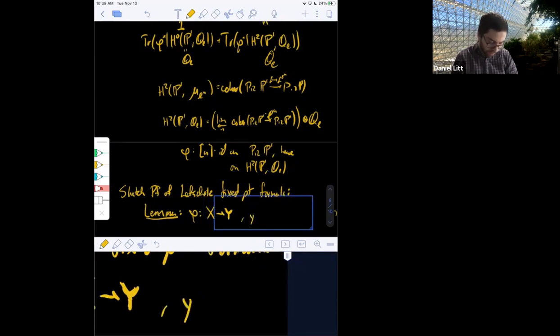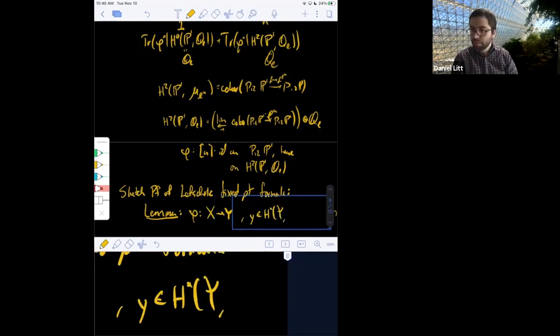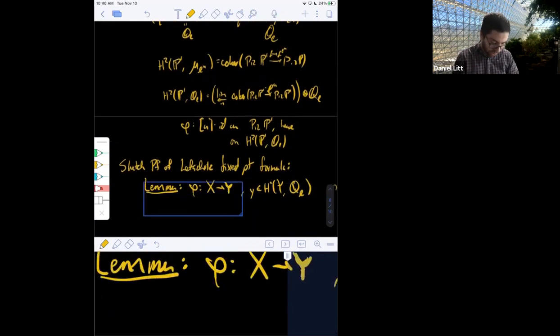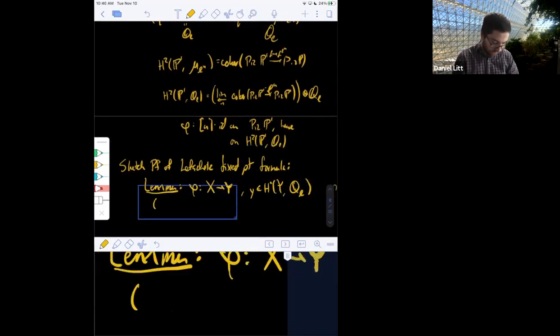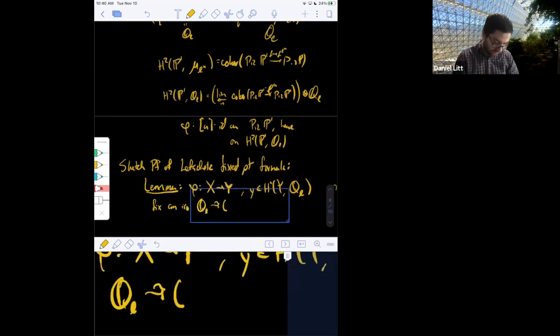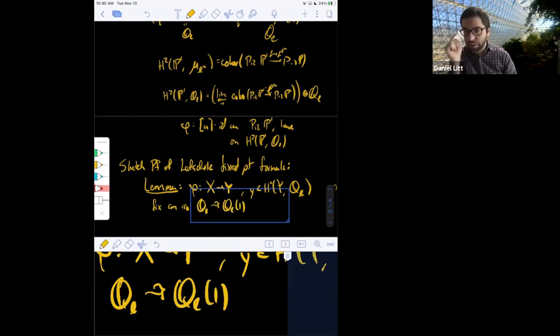So suppose we're given an element of the cohomology of Y with Q_l coefficients, and we're going to fix, for all time, an isomorphism of Q_l with Q_l(1), which also fixes one with Q_l(n) for all n. So I'm going to ignore all the twists that show up when we do cycle classes. Those twists will go away anyway, which is why this is a safe thing to do, but I just don't want to worry about it.